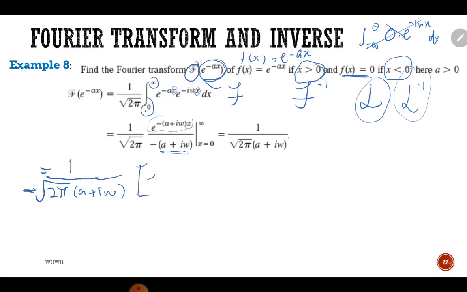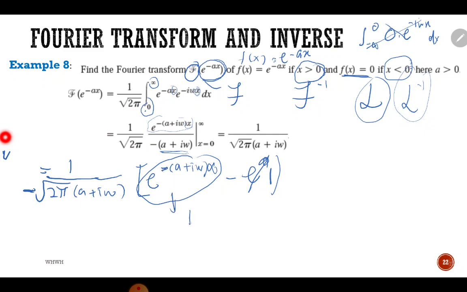So you just substitute e to the power of negative a plus i omega multiplied by infinity, minus e to the power of everything times 0. Something multiplied by 0, everything will be 0, so this one definitely equals 1. This other one is negative, so it is 1 over e to the power of whatever is inside here, multiplied by infinity, it will be infinity, so it will approach 0.